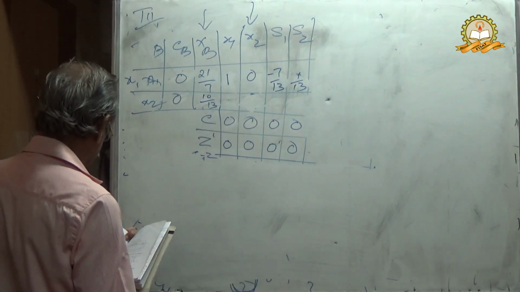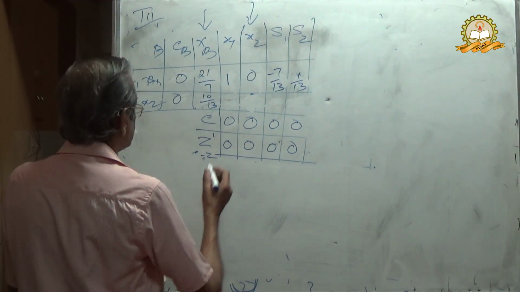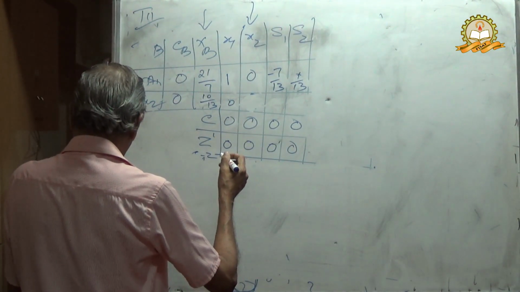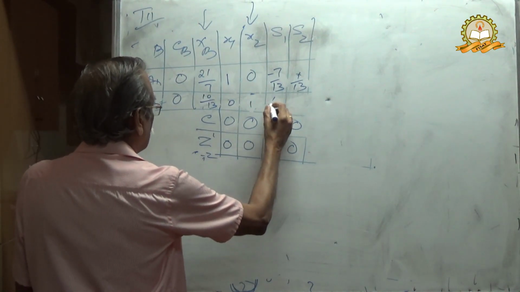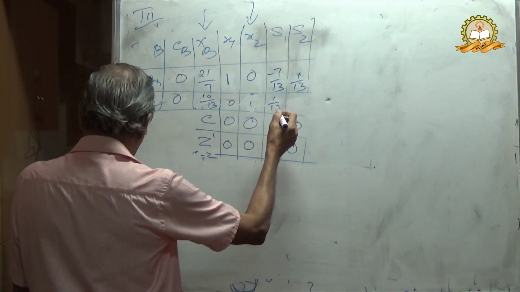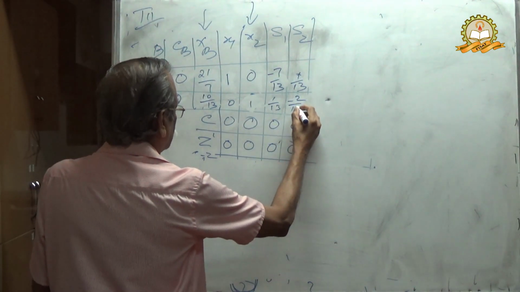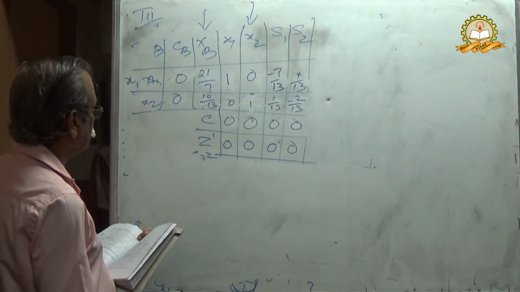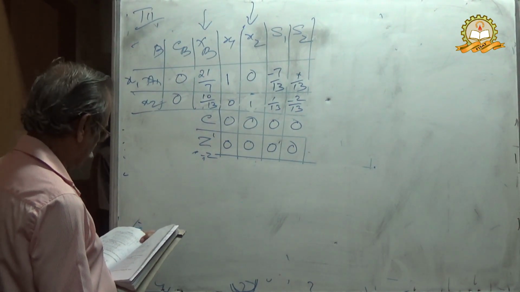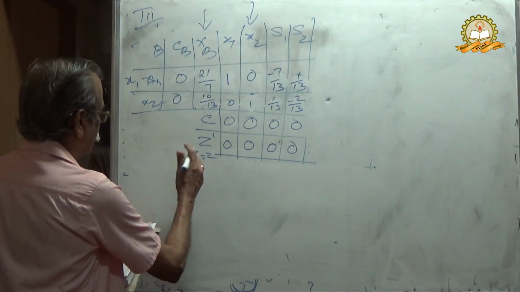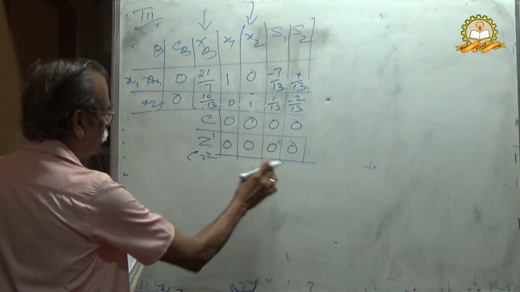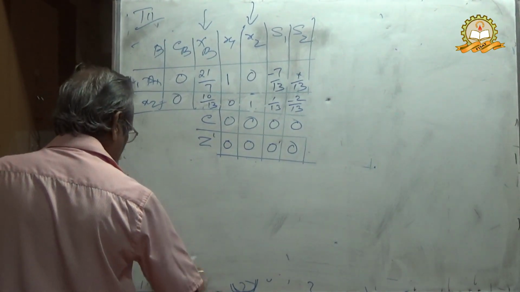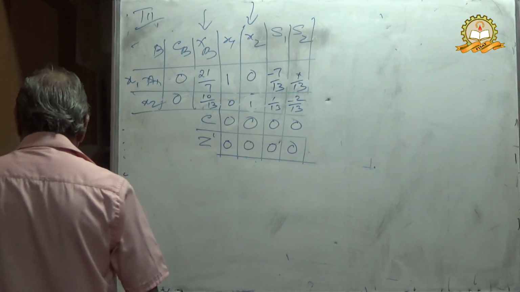X2 is 10 by 13, 0, 1, 1 by 13, minus 2 by 3. Therefore, here C minus Z is 0, 0, 0, 0, all non-negative values. Therefore, our solution is optimum.